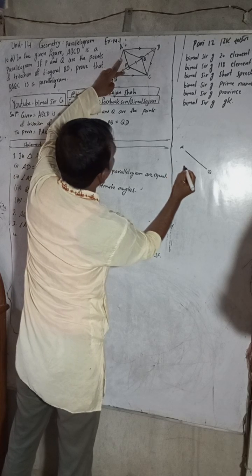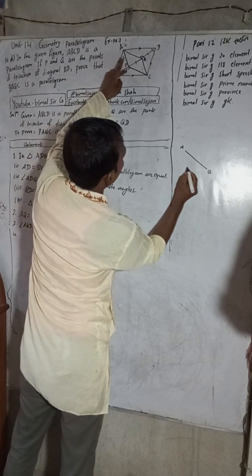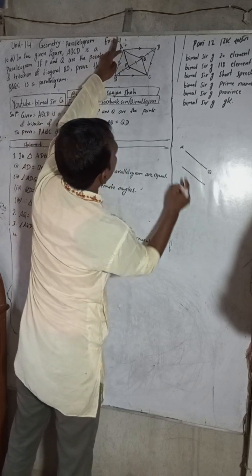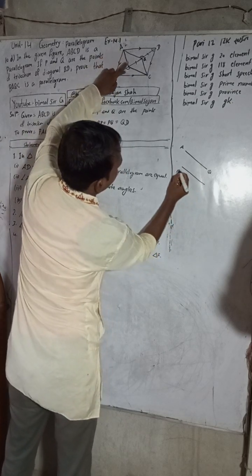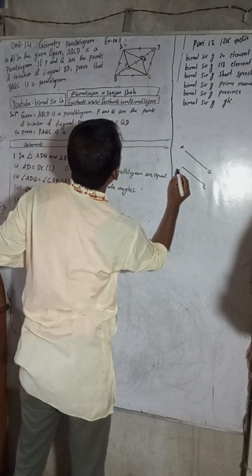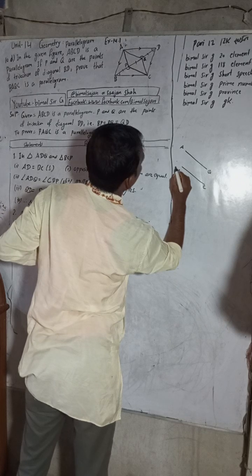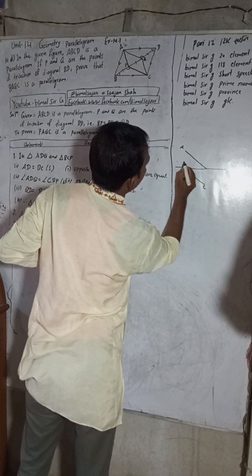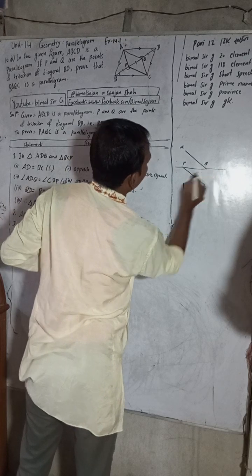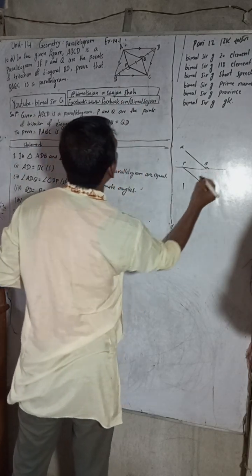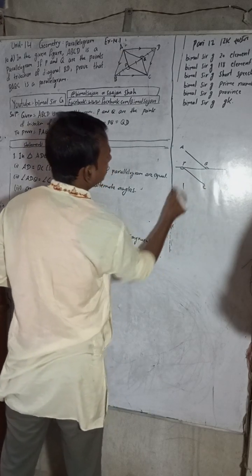I will draw them like parallel lines, like this. This is our P, this is our Q. The line goes this way, and here we have shown this angle is equal to this angle.